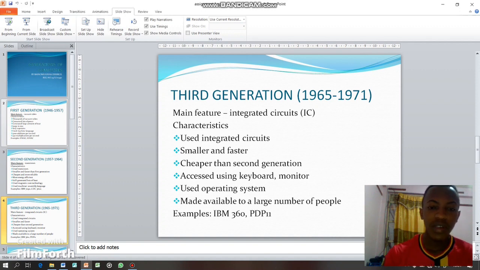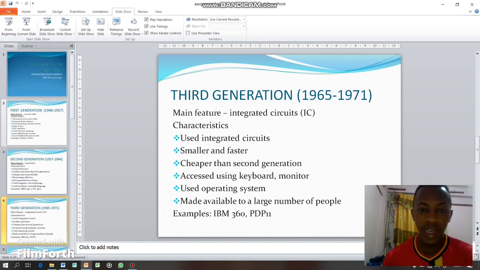The third generation computers used integrated circuits, were smaller and faster compared to the second and first generations, and were cheaper than the second generation. They were accessed using a keyboard and monitor, which means they were more user friendly.